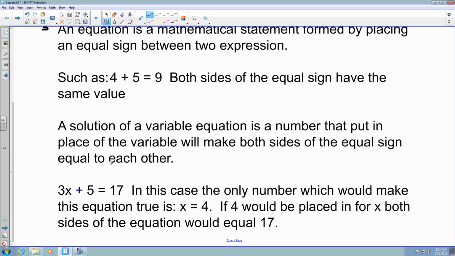Like here, where I talk about the example of 3x plus 5 equals 17. In order for this to be an equal problem, x must equal 4. The reason is that 3 times 4 equals 12, and we know that 12 plus 5 equals 17. So that checks out.